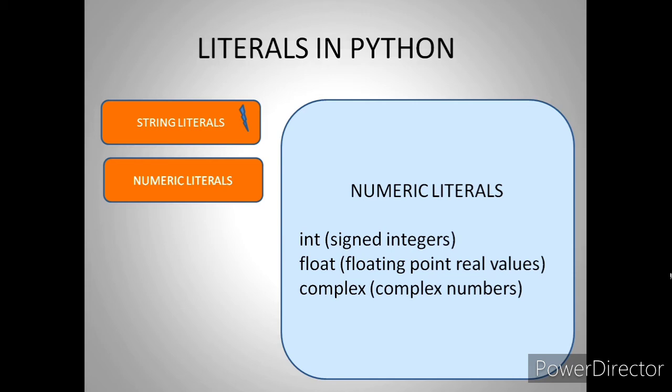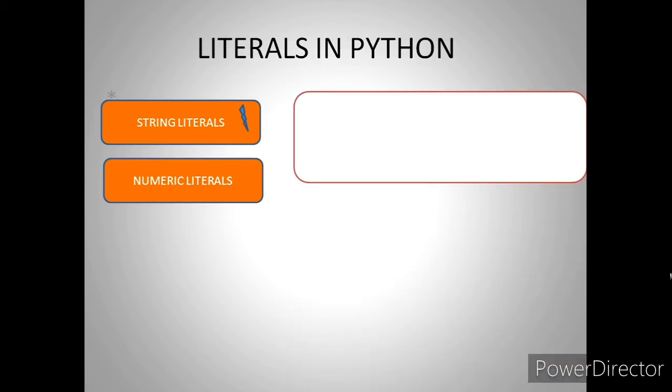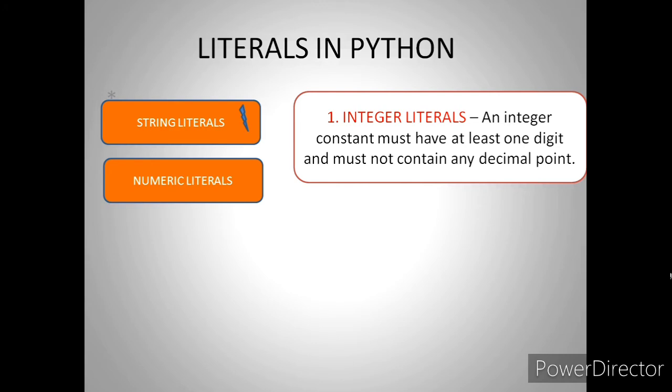For integer literals, that is the integer constant, we should know that an integer constant must have at least one digit and must not contain any decimal point. So you have integer literals if it doesn't possess any decimal point. It can be positive, it can be negative.